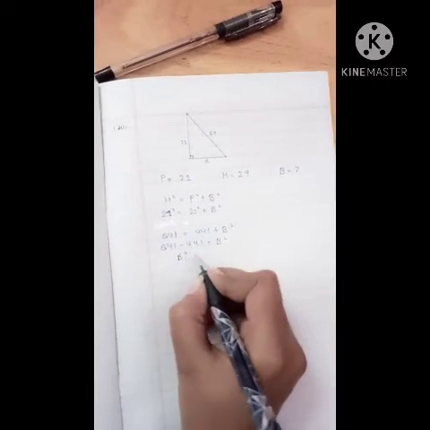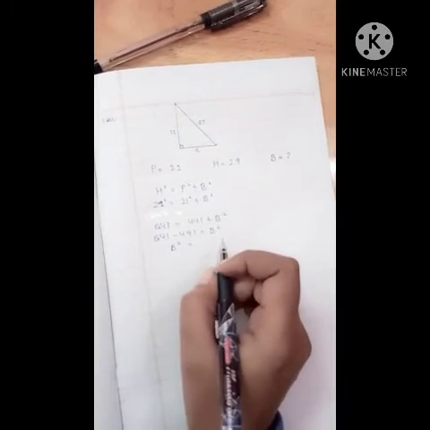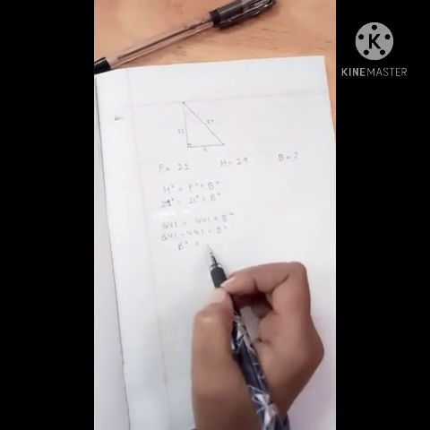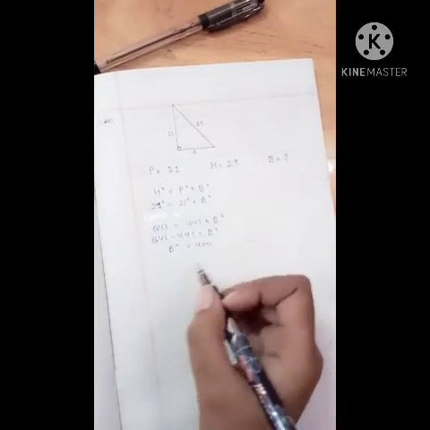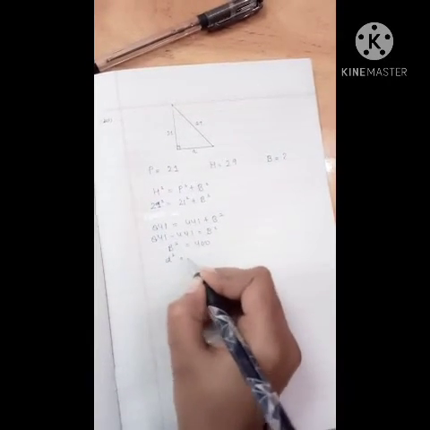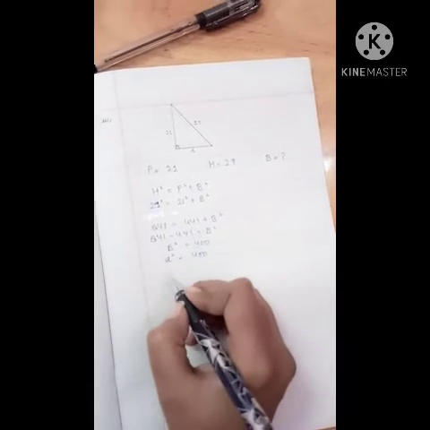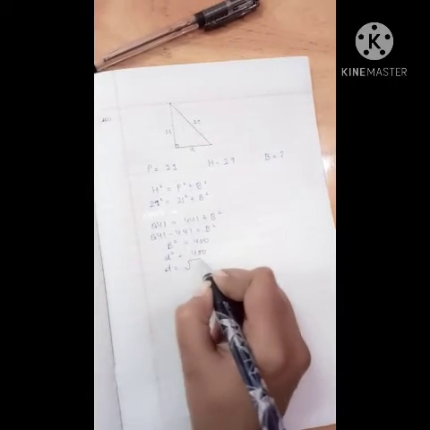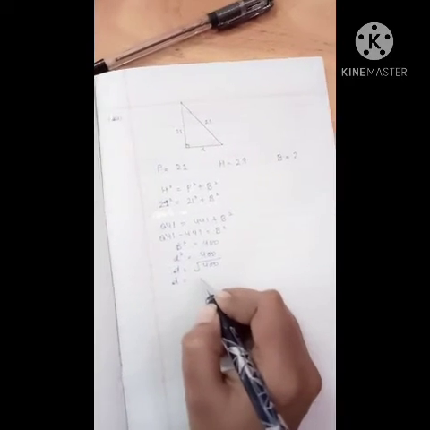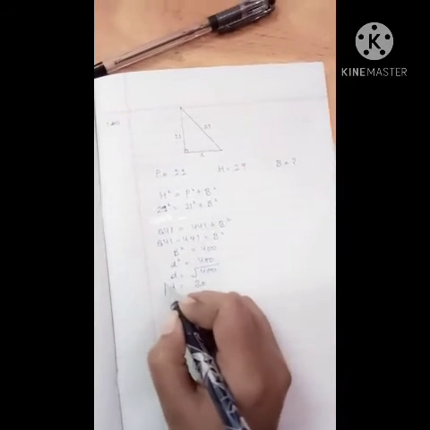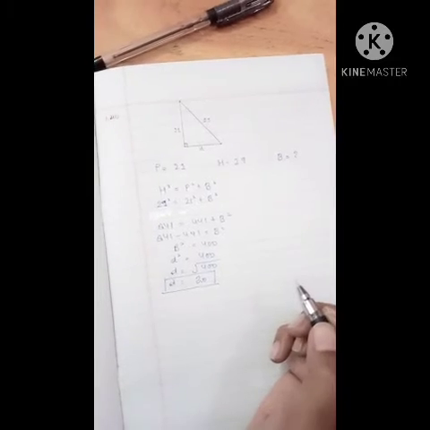So here we get d square is equals to 400. And here the base is denoted by the letter d. So we write small d square here. Okay. So we get here this. Now to find out the value of d, find out the square root of 400. The square root of 400 is 20. So this is the value of d.